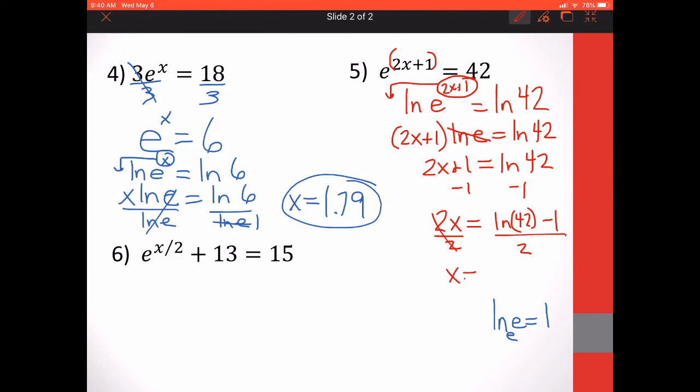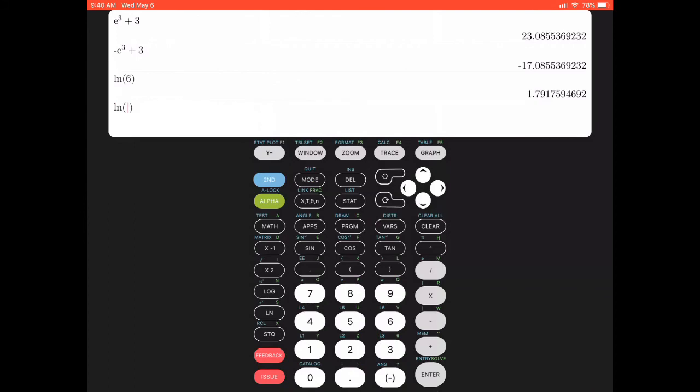So x equals, and then in my calculator, I'm going to do the natural log of 42. I'm going to subtract 1 from it and then divide the answer by 2. Okay, so I have natural log of 42, and I'm just going to hit enter, and then I need to subtract 1 from that answer, hit enter, and then I'm going to divide by 2.